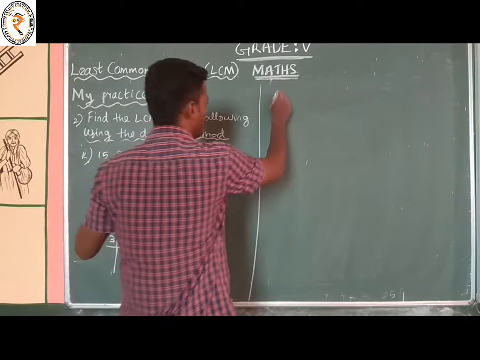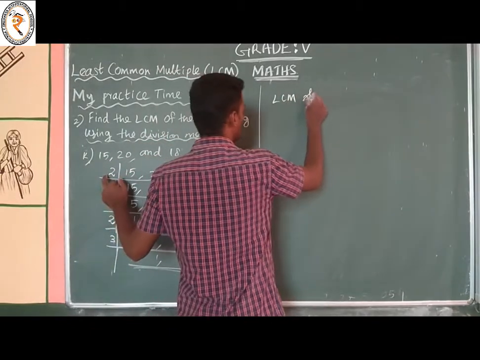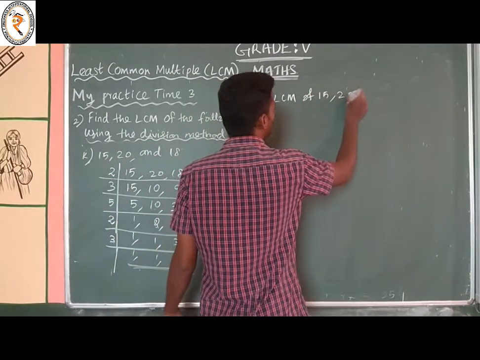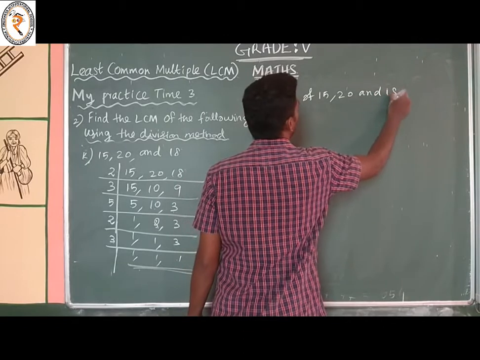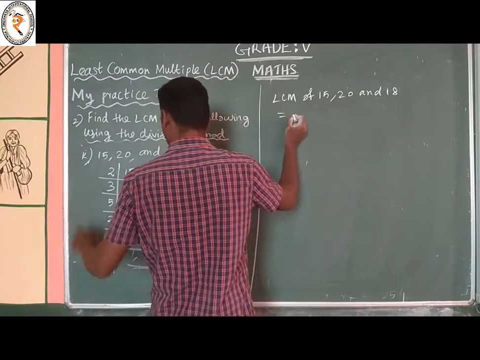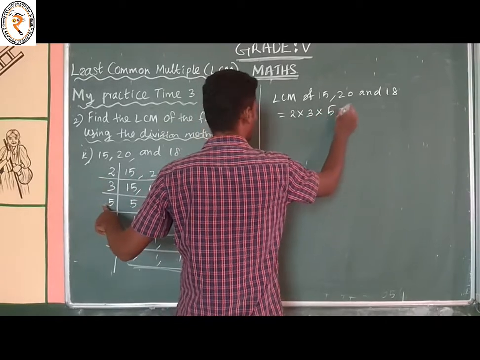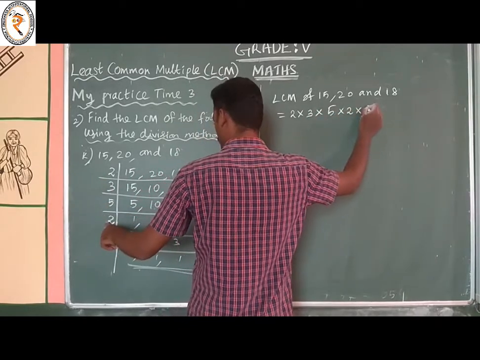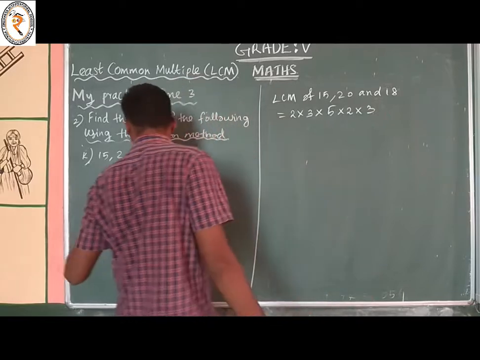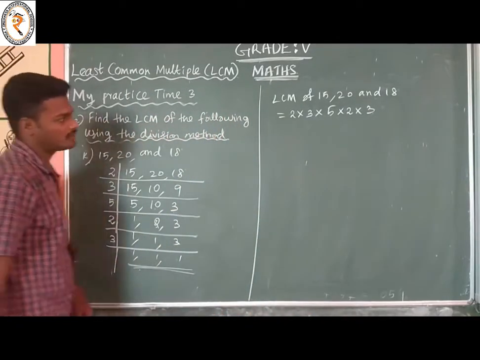So LCM of 15, 20 and 18 is equal to 2 into 3 into 5 into 2 into 3.